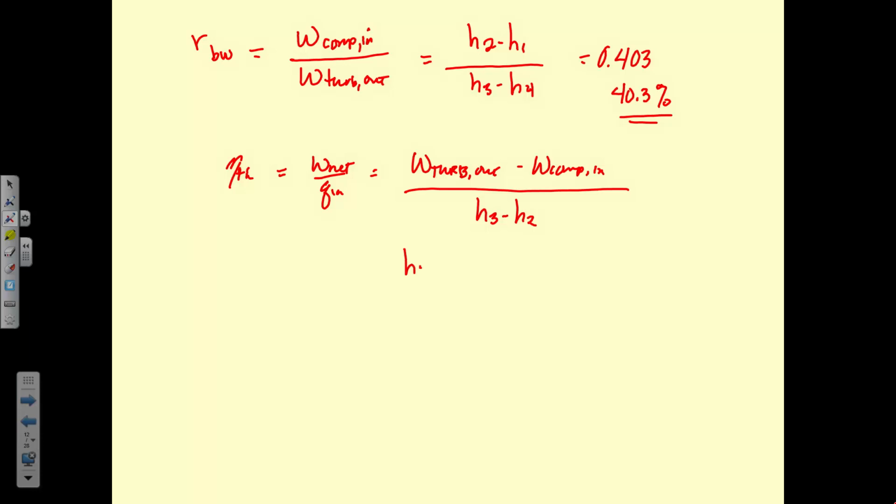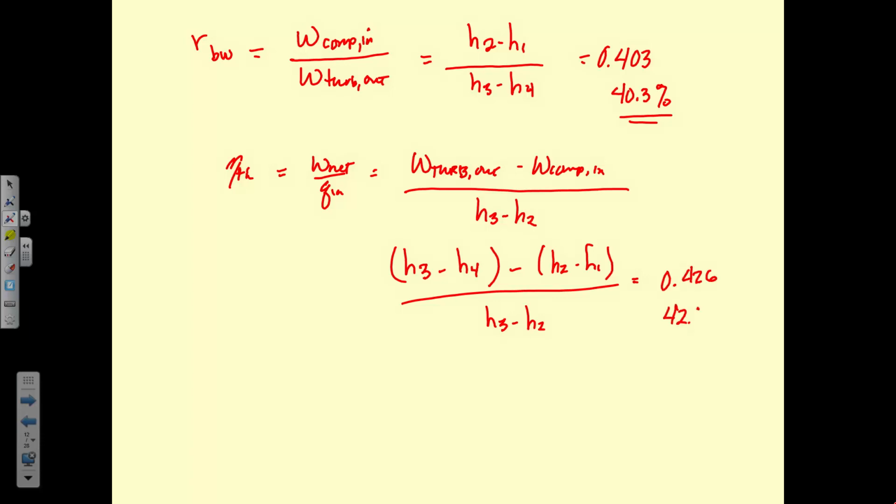So we have (H3 minus H4) minus (H2 minus H1) over (H3 minus H2) to give us our thermal efficiency, which we find to be 0.426, or 42.6%.